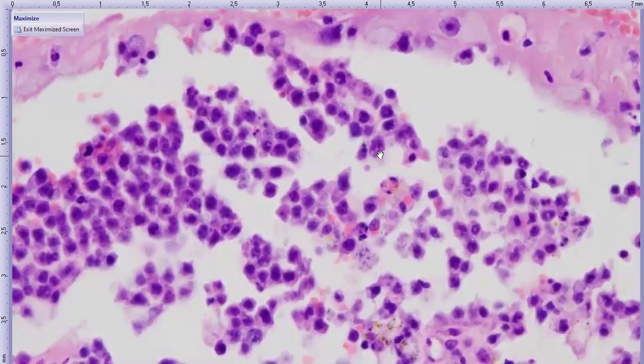The dog, they said CBC, Chem, UA, and infectious disease testing were all normal. So I asked them if they staged the patient, and I've never heard back. So I don't know if this is a primary intraocular lymphoma, or primary solitary ocular lymphoma is what it's typically called, versus part of systemic disease.